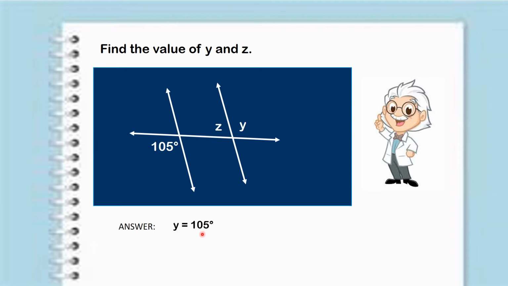Why? What's the reason? Angles with measure 105 degrees and the y are alternate exterior angles. To recall, alternate exterior angles are congruent when two parallel lines are cut by a transversal.